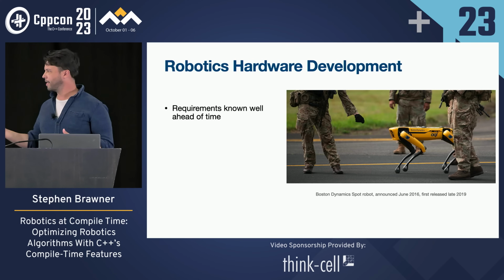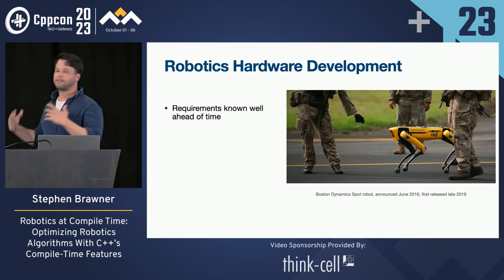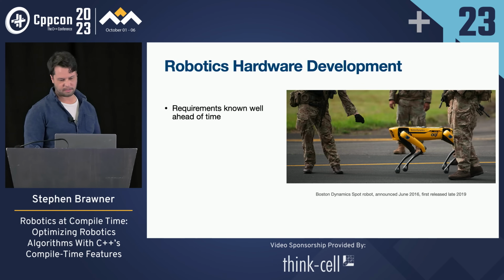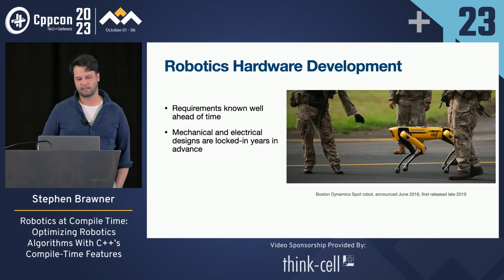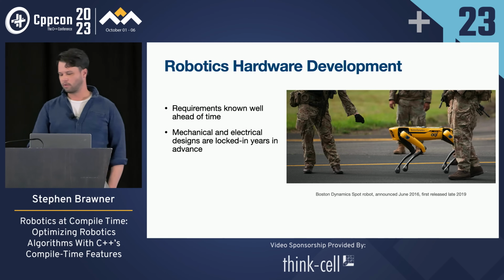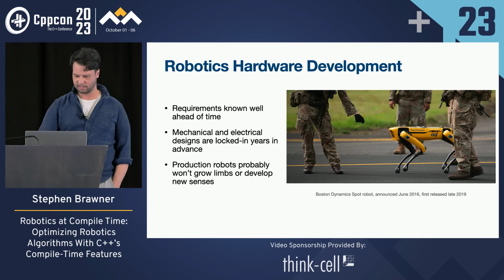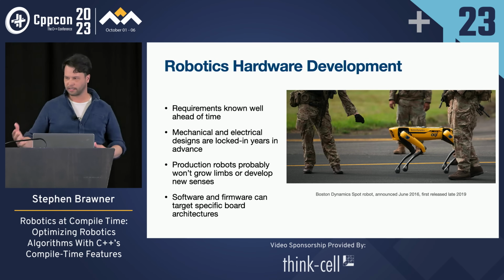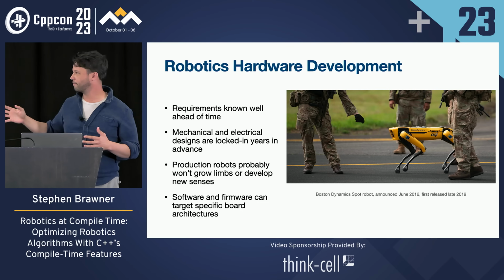So many, many years to develop software that runs on this robot, and the robot itself did not change. These mechanical and electrical designs are locked in years in advance. Your robot's not going to suddenly start adding limbs or develop new senses after you deploy it. So we can write this software to target very specific board architectures and robot platform designs.